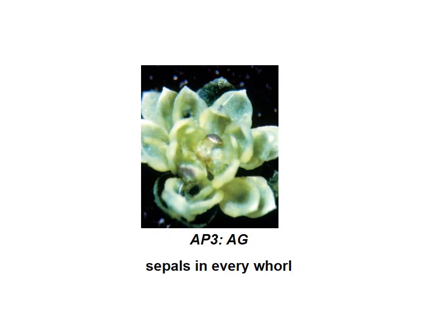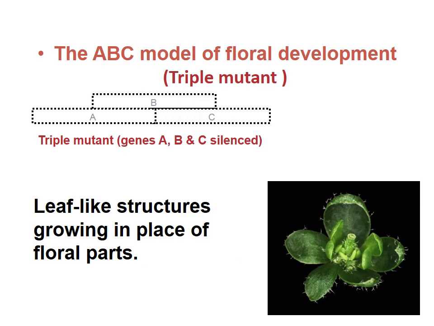This is the sepal in every whorl, that is the AP3 agamous mutant. In the ABC model of flower development, a triple mutant was induced that lacked every flower part, and the entire flower was looking like a leaf, or a bunch of leaves.